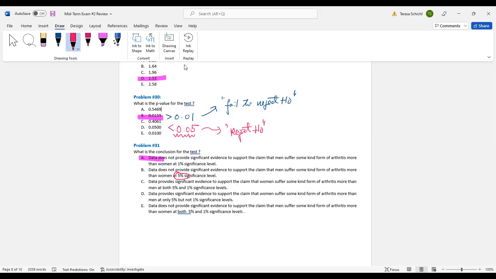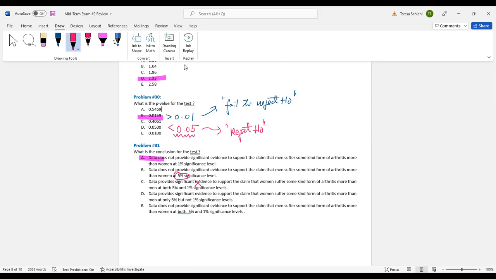So this is the problem. Okay, let's see here. They say the data provide significant evidence to support the claim that women suffer some form of arthritis more than men at both 5% and 1%. No, that's not right. All right.